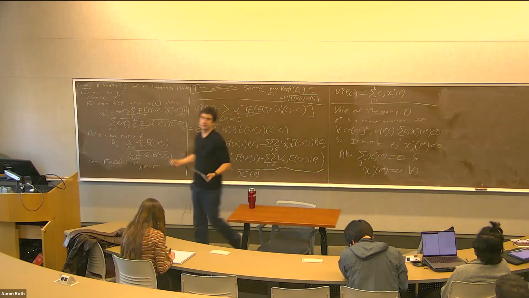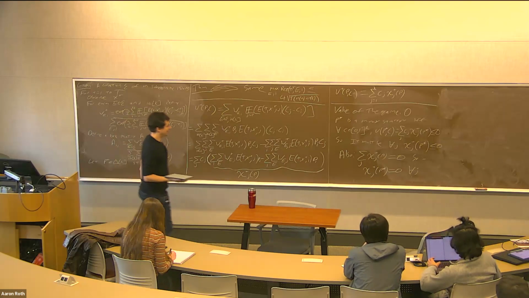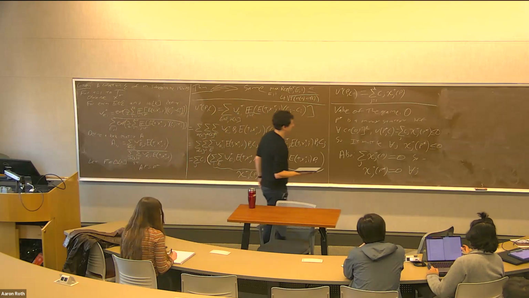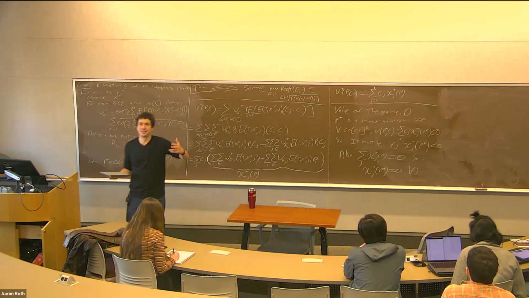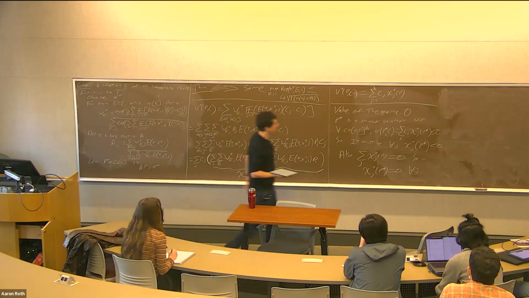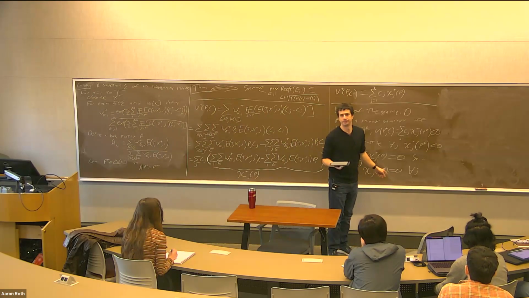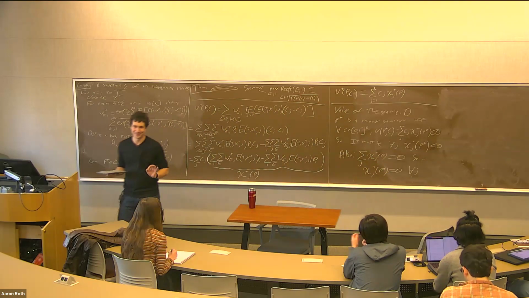Right? If the sum of them is 0, then if some of them were strictly less than 0, others of them would have to be strictly greater than 0, and that's not allowed. So if they're all at most 0 and the sum is 0, they're all 0. So that gets rid of the wiggle room. Now these are equalities.